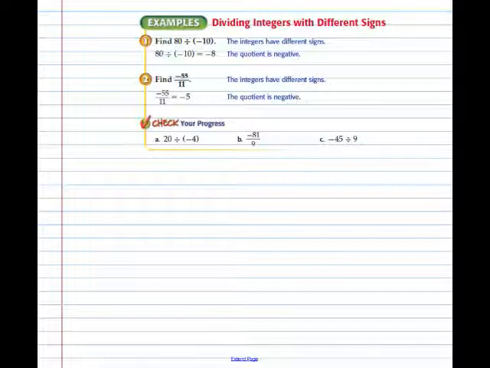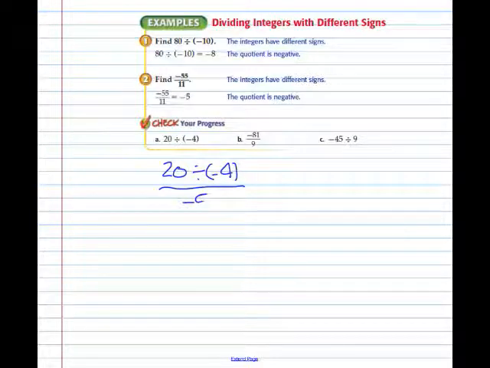In number 2, find -55 divided by 11. The integers have different signs again, one positive, one negative, so -55 divided by 11 equals -5. In the check your progress examples, we would write 20 divided by -4 equals -5.